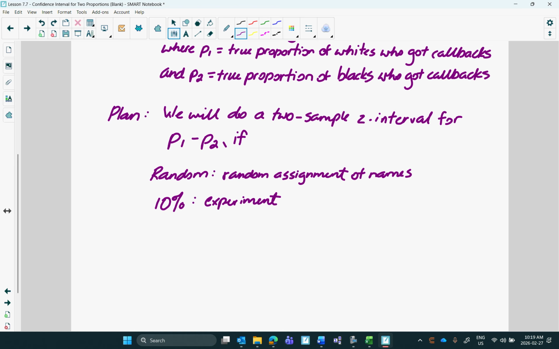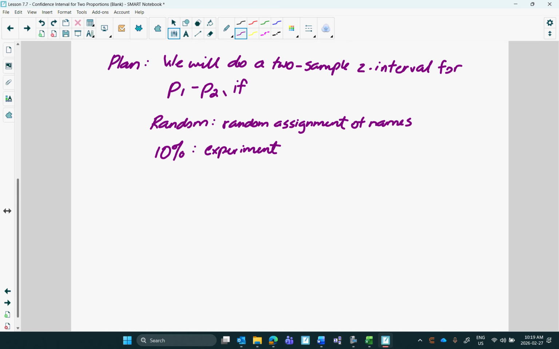However, the large counts, we do have to do some calculations. And we have to do 4 calculations. 2 large counts for the white, 2 large counts for the black.